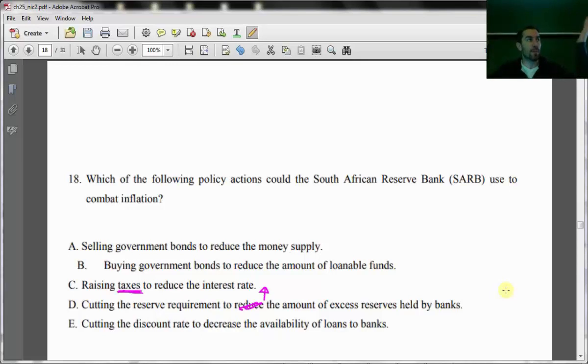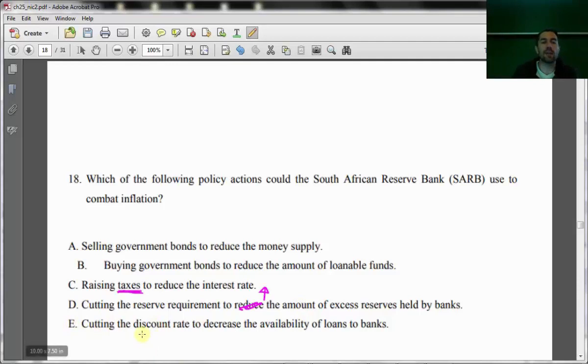It's going to go up. So option D is wrong for two reasons. First, if you cut reserves, that's going to make money supply increase, and that's not what we want. We want money supply to decrease. But secondly, the sentence is incorrect because when you cut reserves, it doesn't reduce the amount of excess reserves. It increases them.